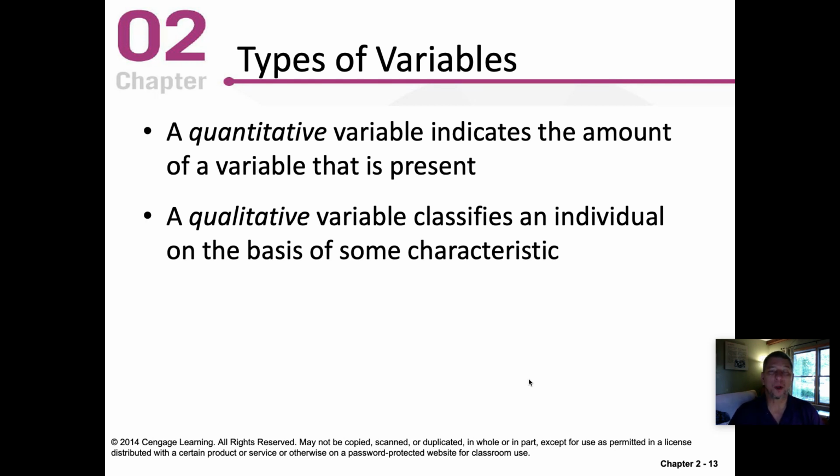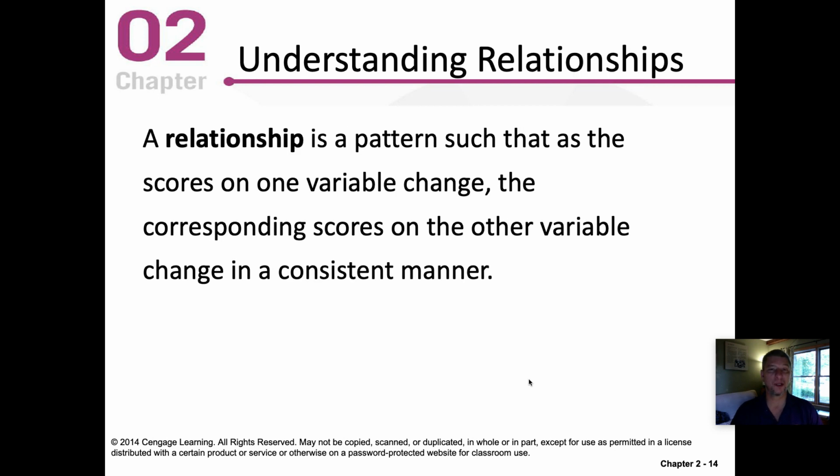Now, when it comes to statistics, it is far easier to deal with quantitative variables than with qualitative, because you can put the numbers into a statistical test. When you compare these variables, you may determine that there is a relationship associated with the variables.